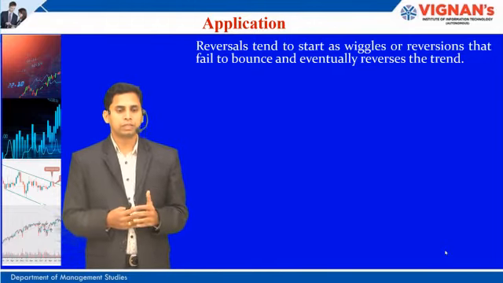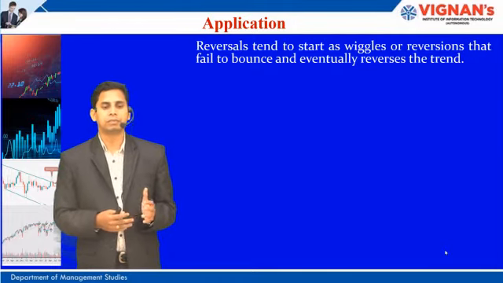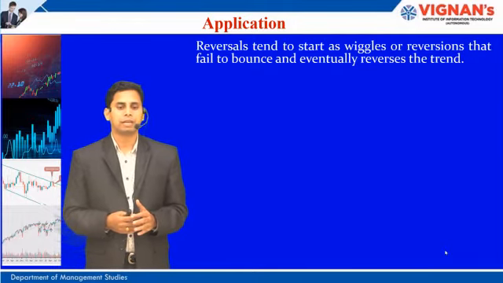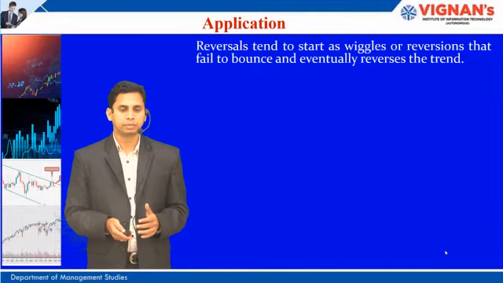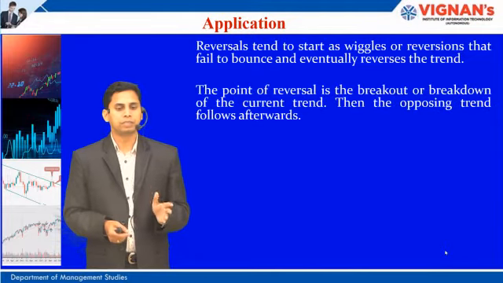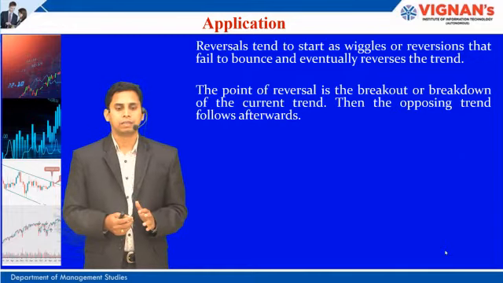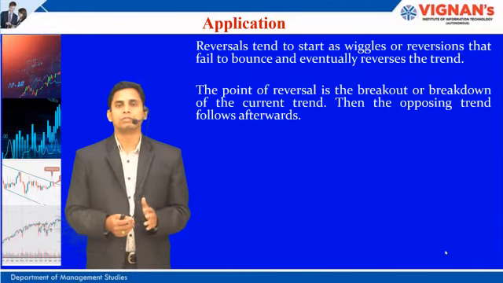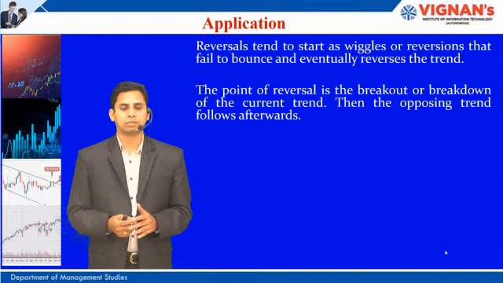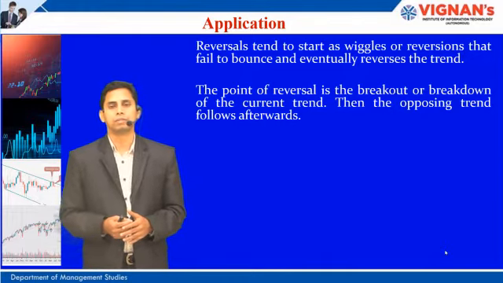So you need to understand where trend reversals can happen and take advantage of it. The point of reversal is the breakout or breakdown of the current trend, and then an opposing trend follows afterwards.